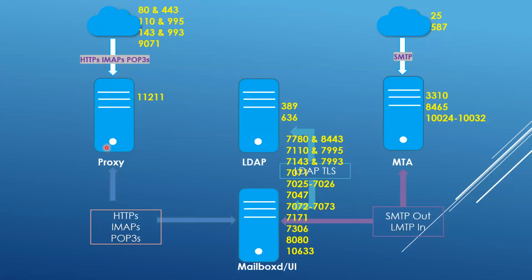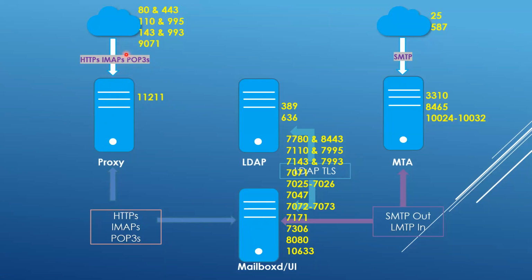Then proxy transfers those requests to the mailbox server on 7780 and 8443. And once it gets the response, then proxy communicates with the end user over 80 and 443.